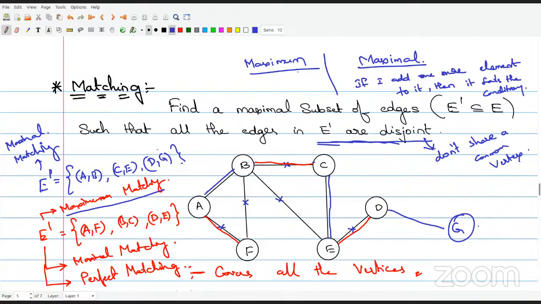Actually, I'm trying to clarify what this maximum means. I understood the maximal part. Okay, maximum means that thing only. Whatever the definition we have for maximum independent set, the same maximum definition applies here also. Okay, thank you, sir.